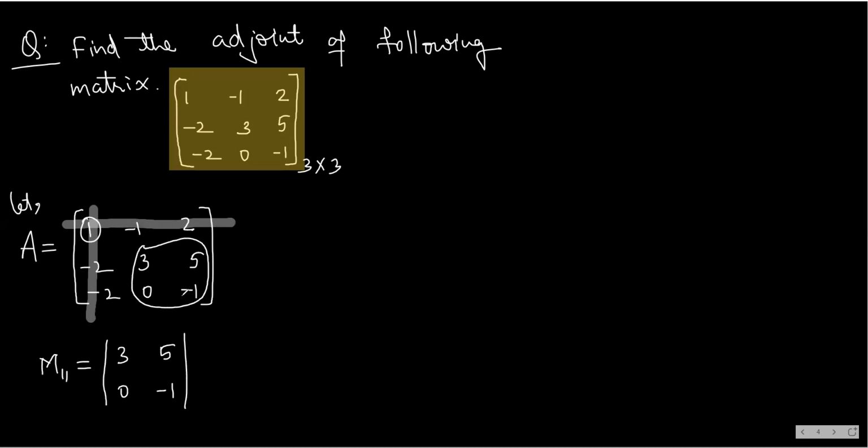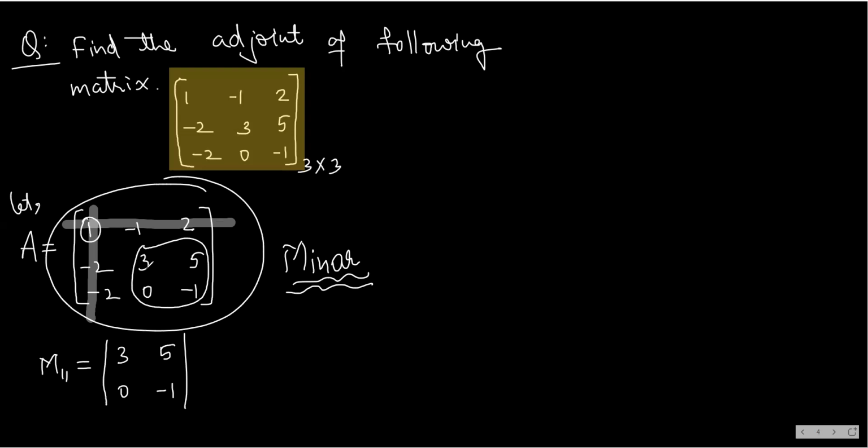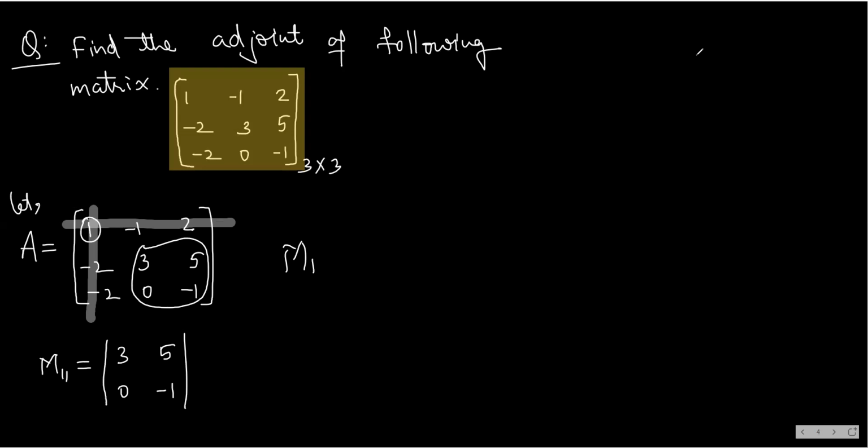It is this determinant which is a minor. What is the meaning of minor? Minor means small, lesser. This was actually 3 by 3, but you are now getting a 2 by 2 determinant, so you are calling it a minor. I hope you understand the meaning.